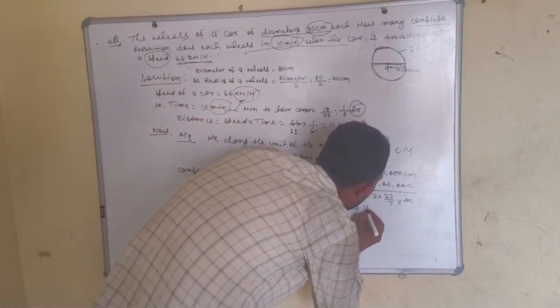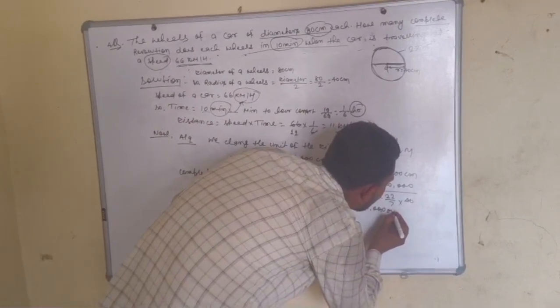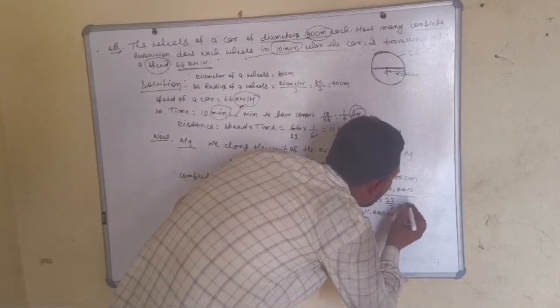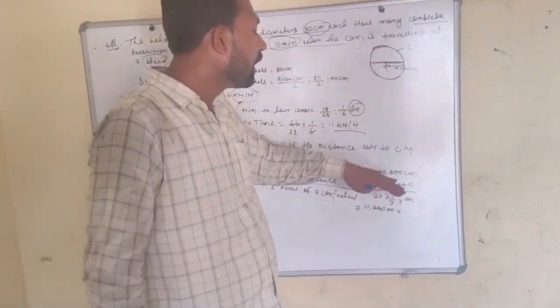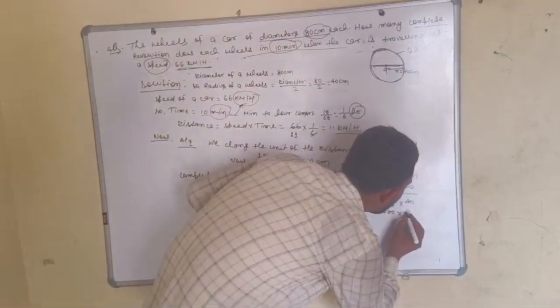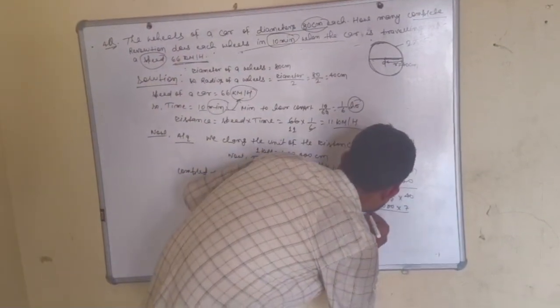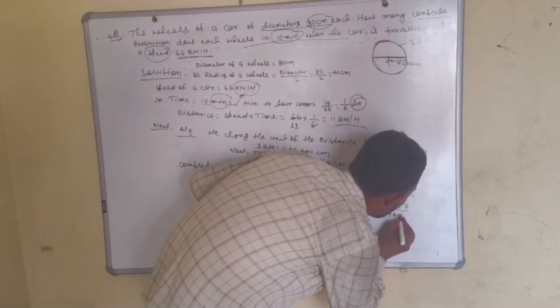So 11 lakhs multiplied by 7 in the denominator, upon 2 multiplied by 22 multiplied by 40.